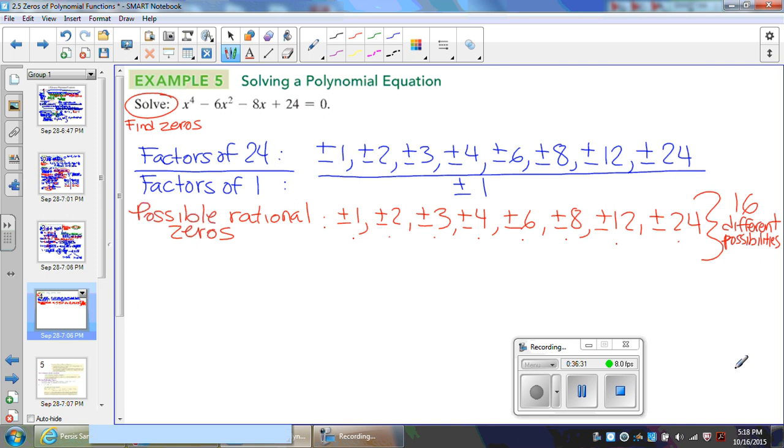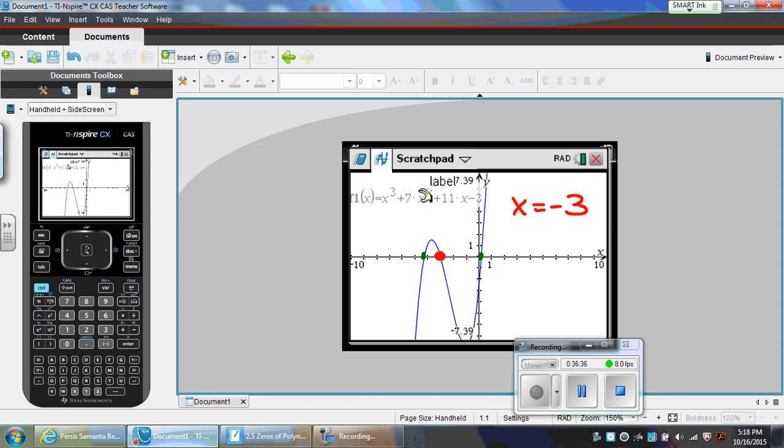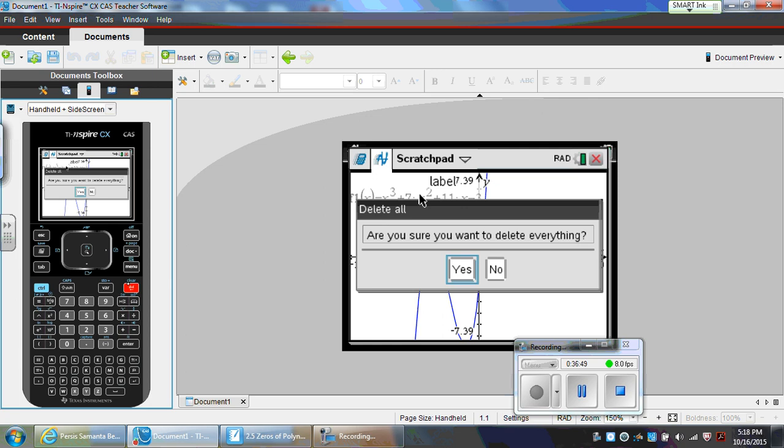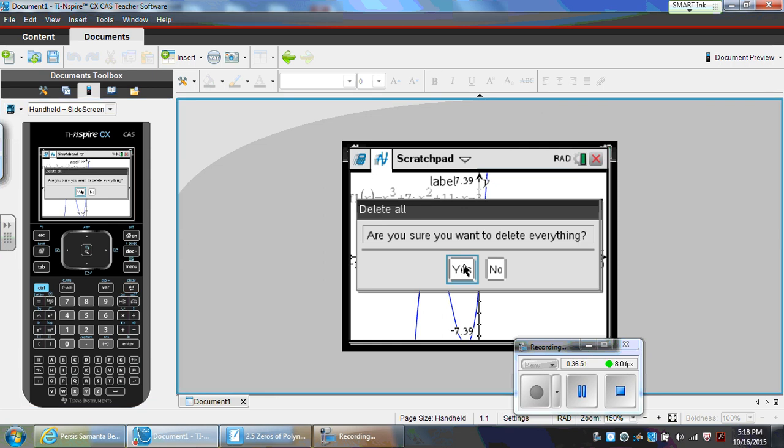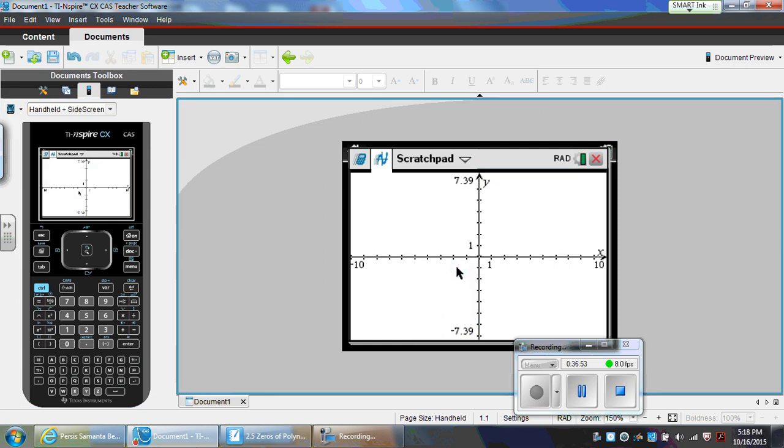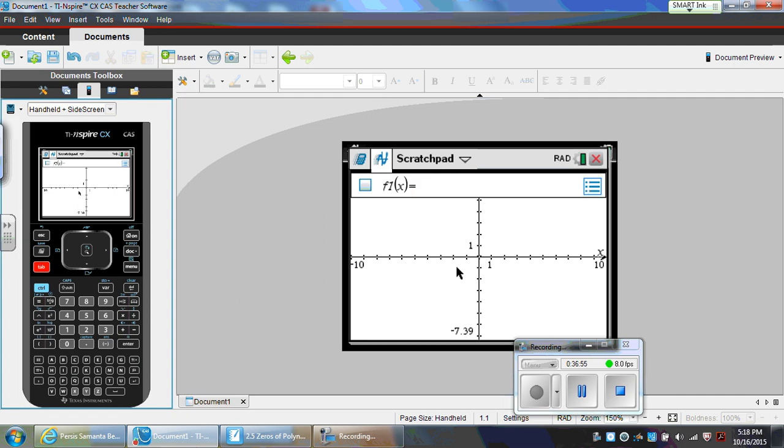And so we're going to go ahead and graph that polynomial. So I'm going to clear my screen first. And I'm going to enter that polynomial.